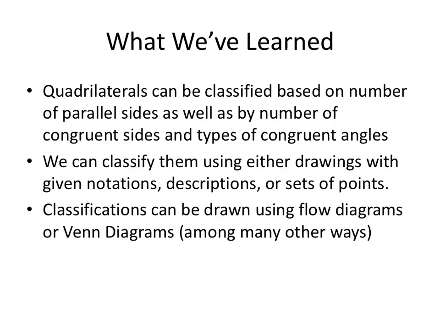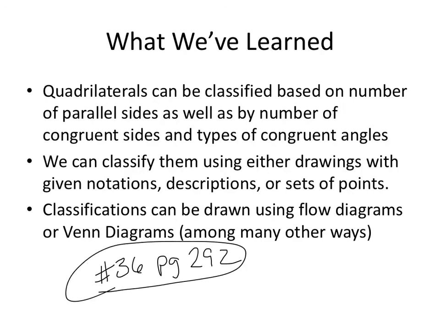There's a particular book assignment that I would like you to complete that discusses the Venn diagrams, and that is number 36 on page 292. It is very important that you work through that to make sure you understand how to use Venn diagrams to describe various sets of quadrilaterals.